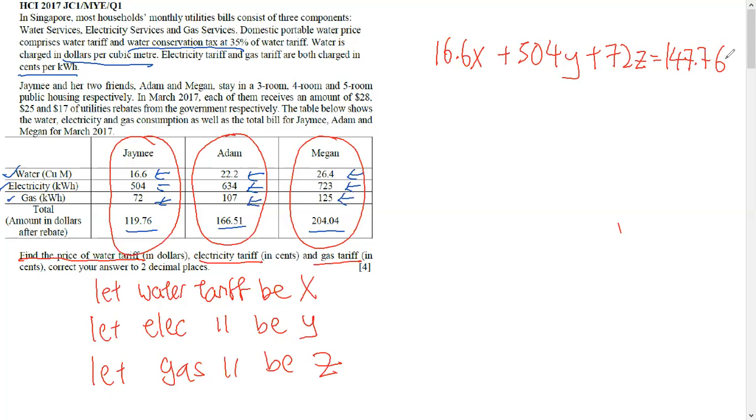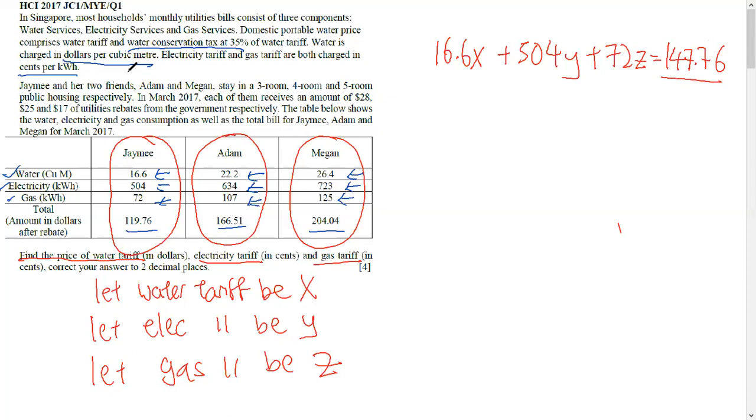Okay, so why am I writing this as 147.76? How do I actually get this value over here? This 147.76 is actually your amount before the rebate.